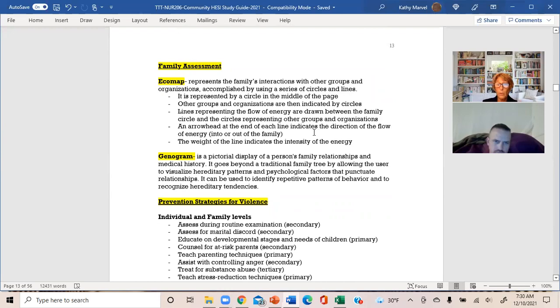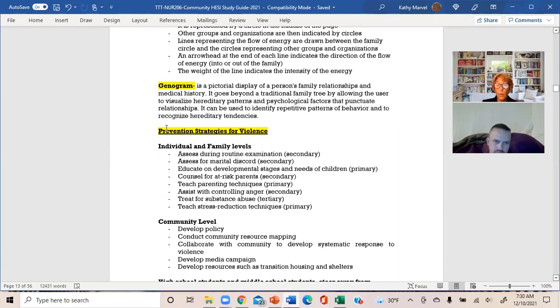Anybody remember the difference between a genogram and an ecomap, and why it's important to use either one of those? Okay, well, then have a look at this. These are two models that we use for family assessment, and they're very different.